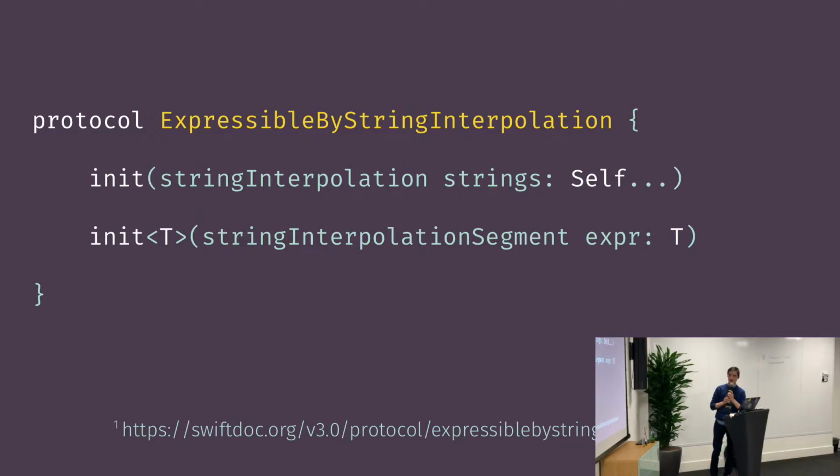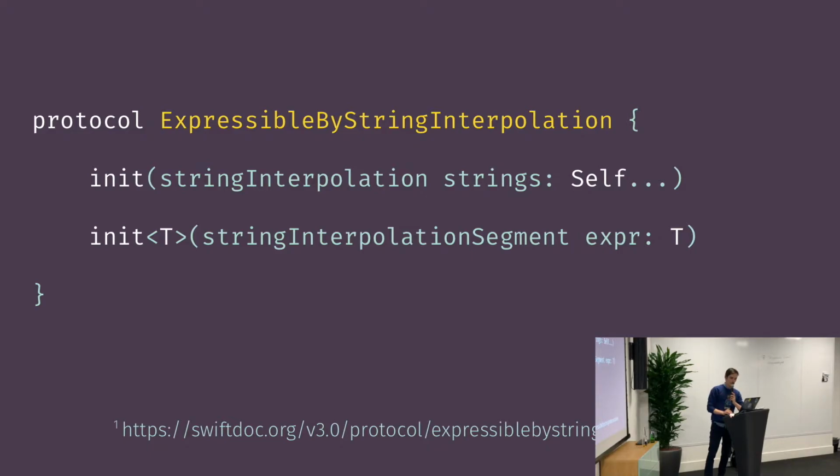So basically for this, there is a special protocol in the standard library with a very long name, as always: ExpressibleByStringInterpolation. Actually, this protocol was deprecated in Swift 3, and now you will not even see these requirements in Xcode in the generated interface, but on Swift.org we can find cached documentation for the Swift 3 version, and there we can find this description.